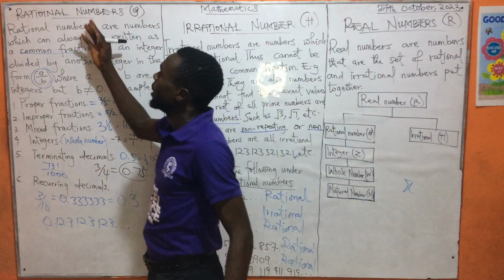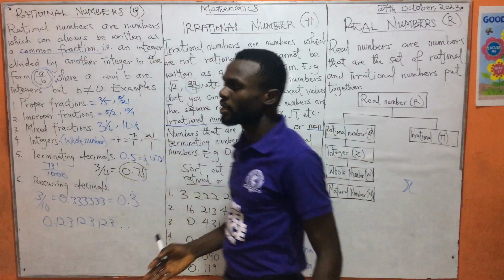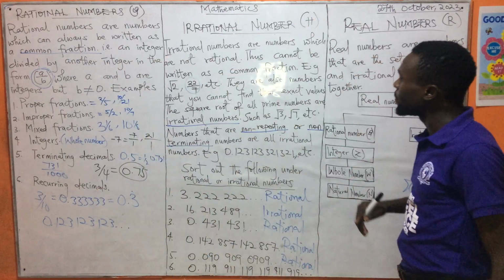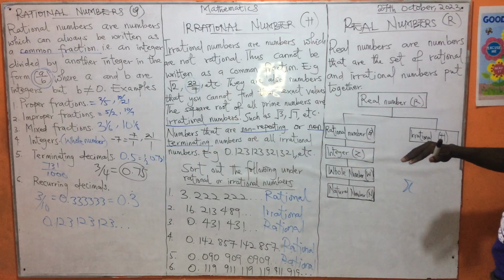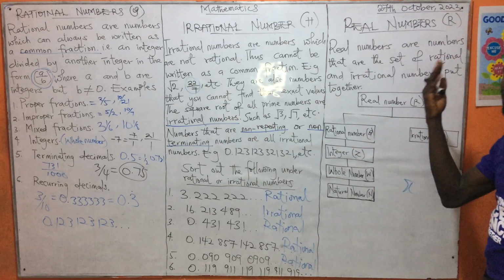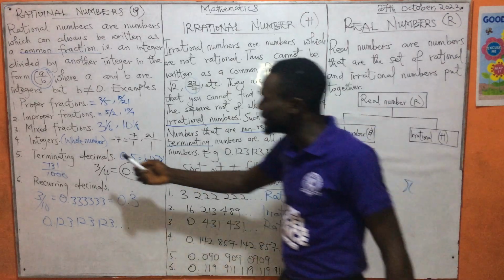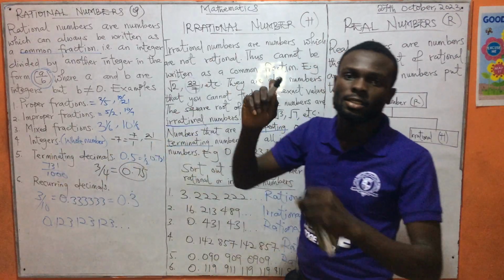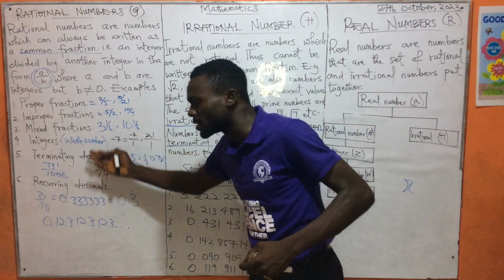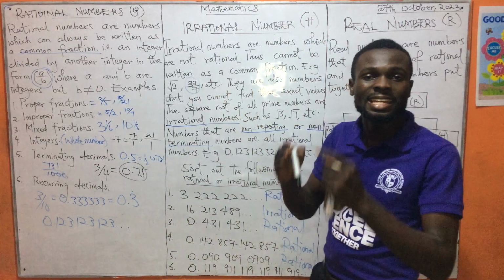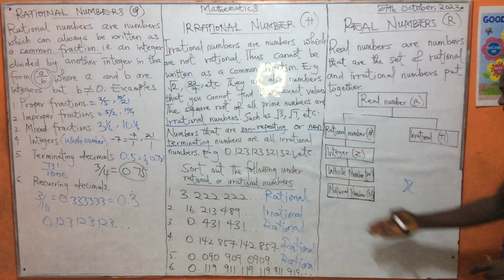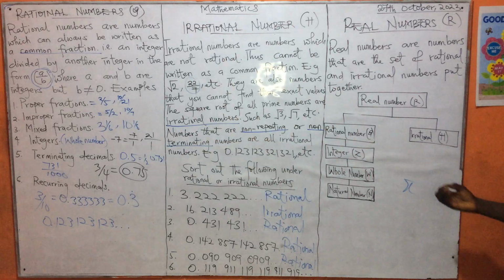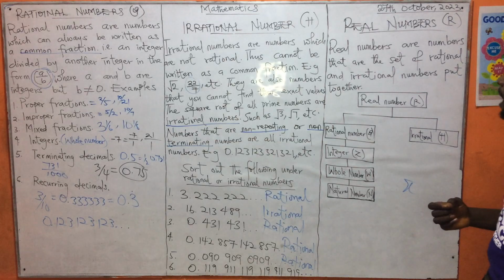So Q represents all rational numbers, H represents all irrational numbers, R represents all real numbers. Then we have the integers being Z, whole numbers being W, and natural numbers being N. We'll look at it here so you know what we are talking about.